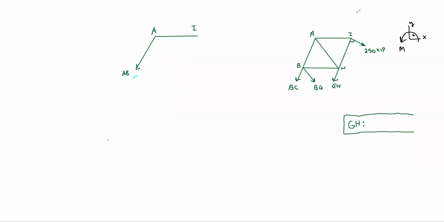Let me get rid of this so we have some room. Let's talk about what we have going on here. If all of the members are the same length, in other words, they're all 2 feet, then all the angles are 60 degrees.